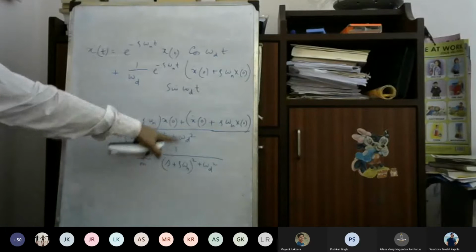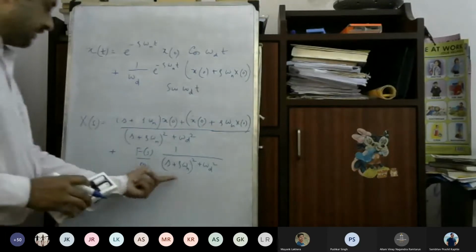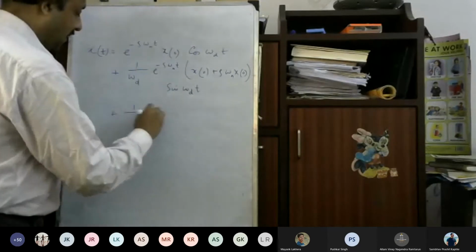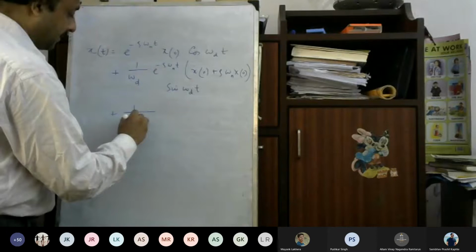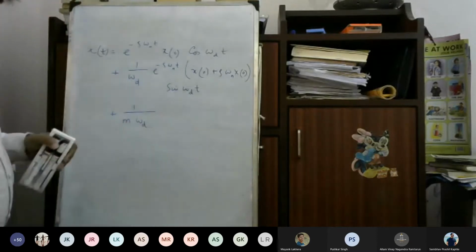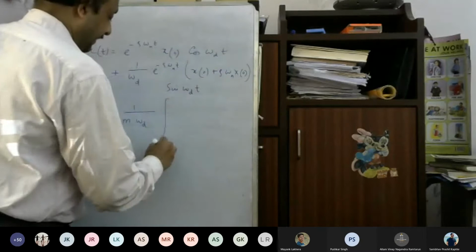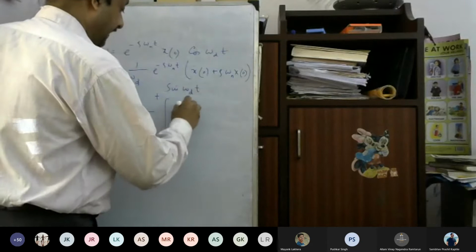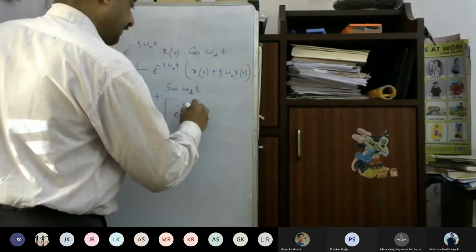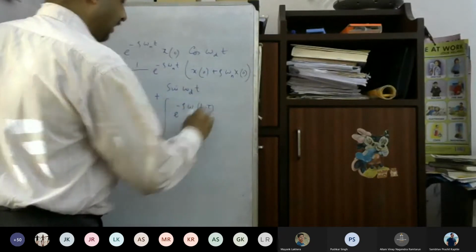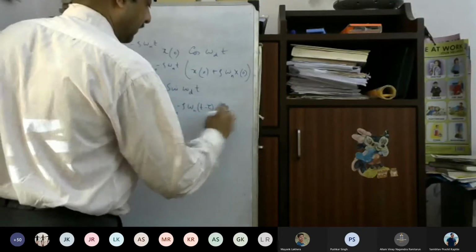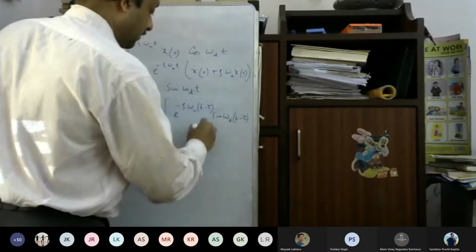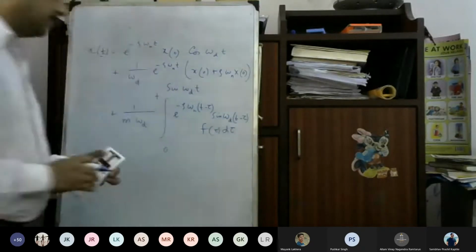Because of that, this will come, and the last part will be equal to 1 by m omega d, and this will again be integral 0 to t, g(t), that is e to the power minus zeta omega n (t minus tau) sine omega d (t minus tau) f(tau) d tau.